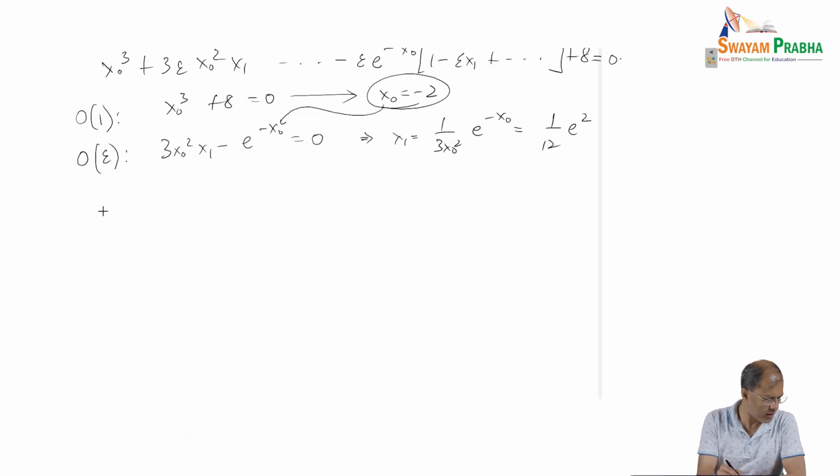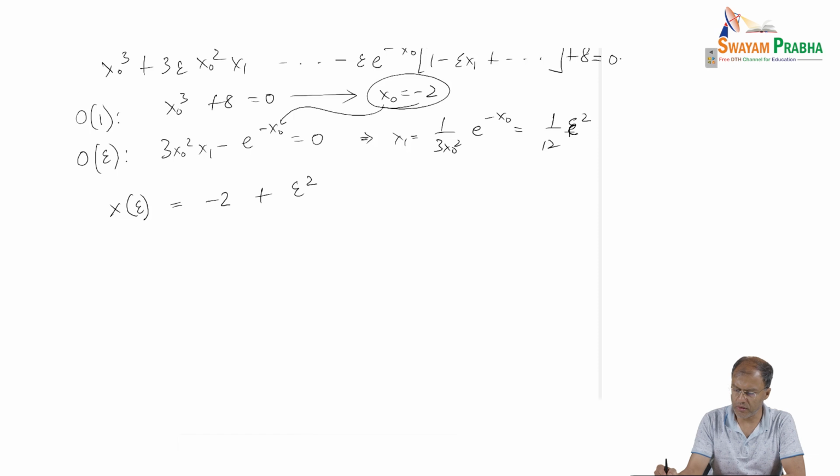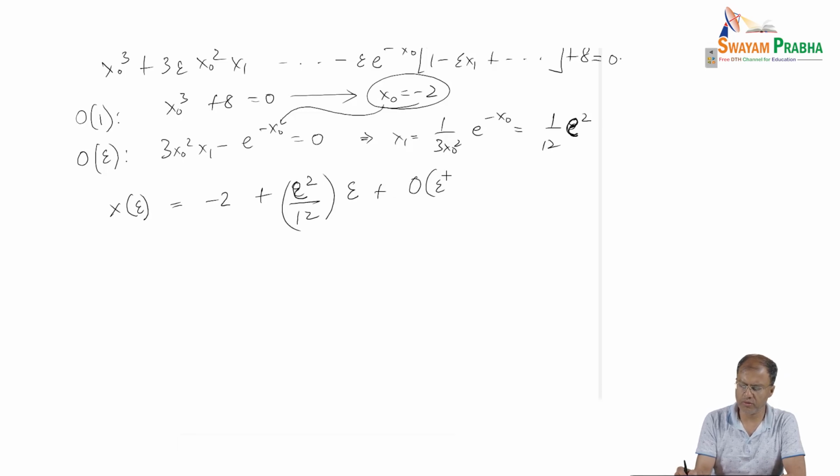So up to a 2-term expansion, the solution x of epsilon comes out to be minus 2 plus, well, not epsilon but e square, sorry. So minus 2 plus e square by 12 times epsilon, plus order epsilon square terms, which we can continue to solve.